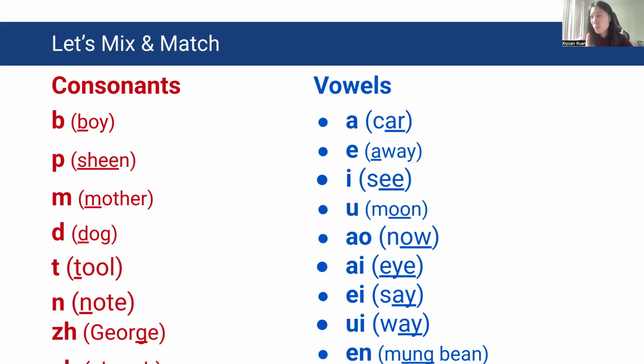Is there wei? This does not exist. Yeah, it actually doesn't exist. Yeah. Men, and then should we still stick with the eng and ong because it's not shown on the side? Should we still do the eng and ong?